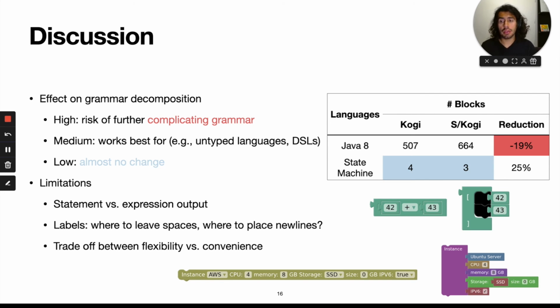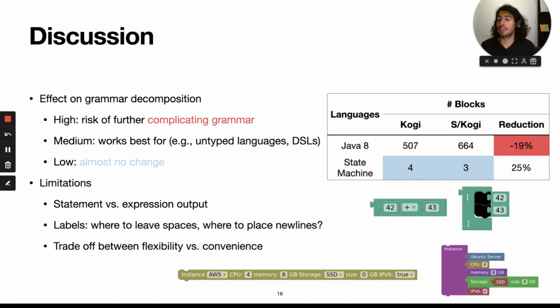Some of the limitations are that, for instance, Blockly only allows you to choose between a statement and an expression output. This makes it a bit difficult. There is nothing in between. Also labels, it's difficult to know where to leave spaces, where to add new lines. So this is something where maybe we require some extra information from the developers.